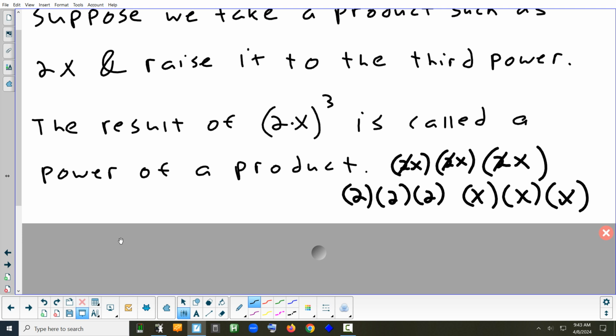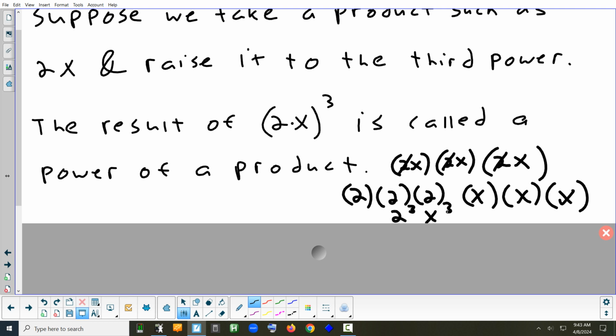Okay, I don't want the answer, but I want to know, is there a shorter way you can write 2 times 2 times 2? What's the shorter way? But not the final answer. 2 to the third. Right, that's 2 to the third power. And what's a shorter way of writing x times x times x? X to the third.